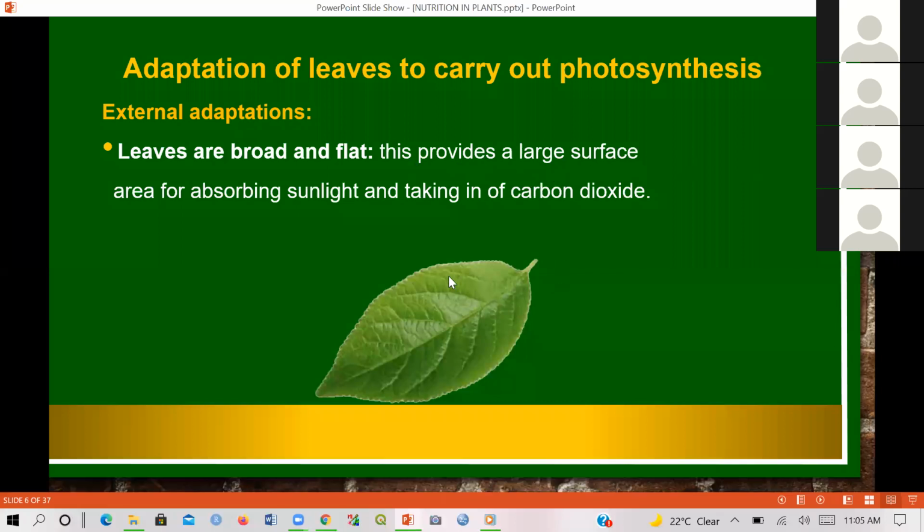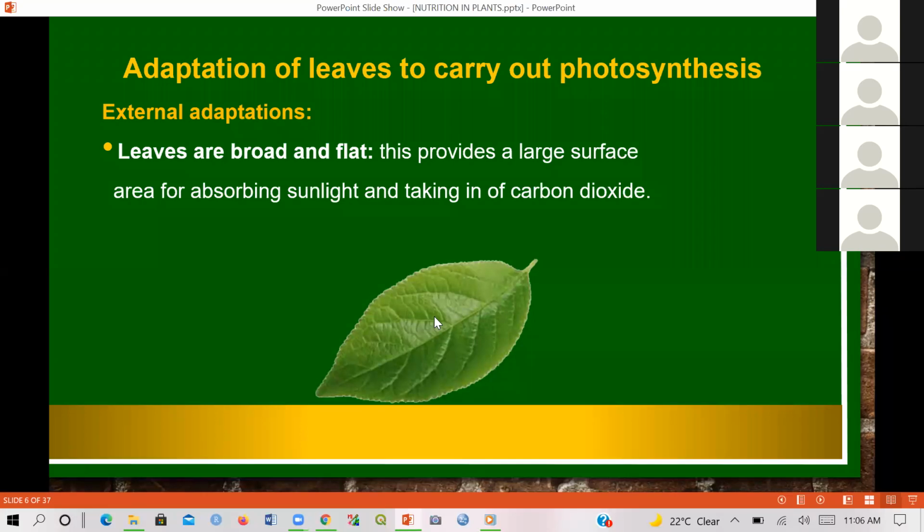So the whole of this surface area is available for maximum absorption of sunlight and taking in carbon dioxide. So that is the first adaptation, that these leaves are always broad and flat to increase surface area for absorbing maximum sunlight and also carbon dioxide gas.